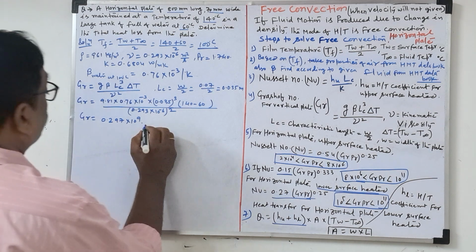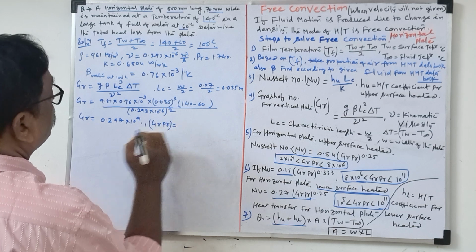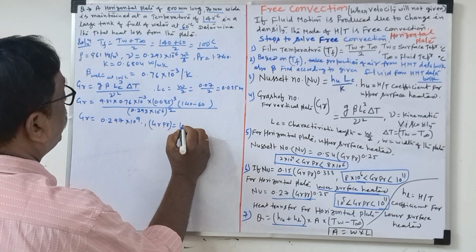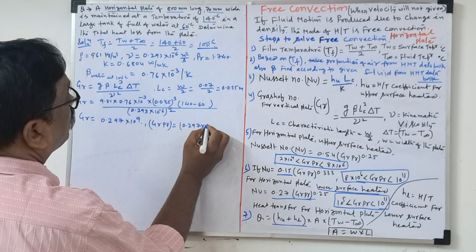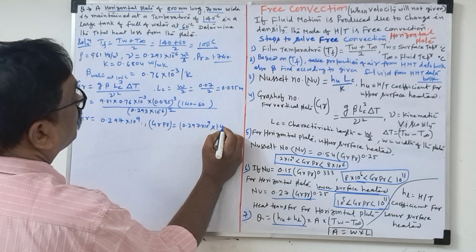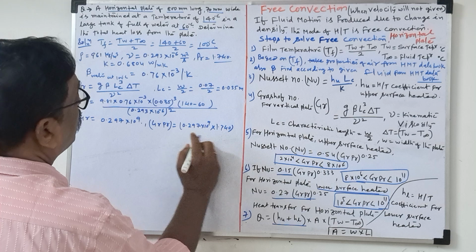Now we find the GrPr product, and then we see the status of the fluid. For the GrPr product, the same Gr value is 0.297 into 10 power 9. Then the Pr value is 1.740.